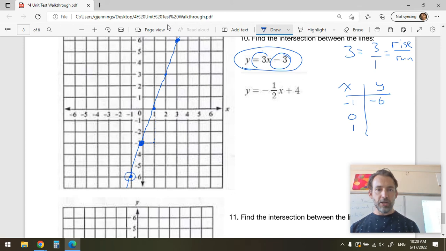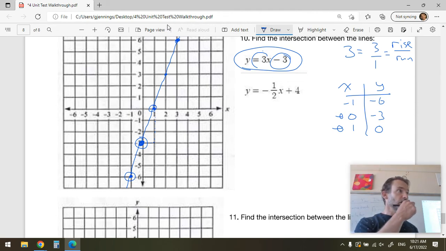That's this point here. -1 in the x, -6 in the y. 3 times 0 is 0. -3 is -3. That's this B point here. And then 1, 3 times 1 is 3. 3 minus 3 is 0. So the result is 0. That's this point. So a table of values can also guide me to a set of points that I can put a line through. And that will be the line for that.